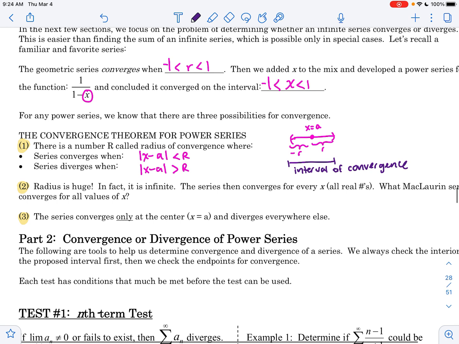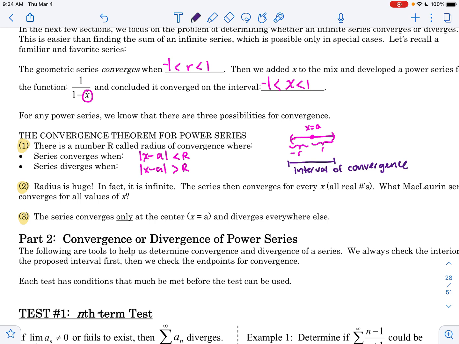Okay, and the next idea is that in this next section, we might come across a few where we get infinity for the radius. So let's think about what that means. If infinity is the radius of my interval of convergence, then on one endpoint you have negative infinity, on the other positive infinity, and so it's a good approximation for all values of x.